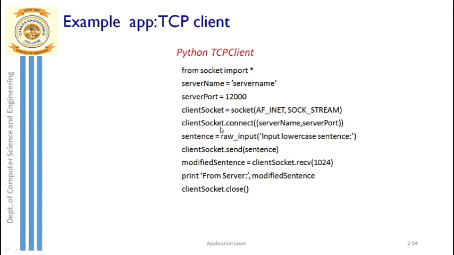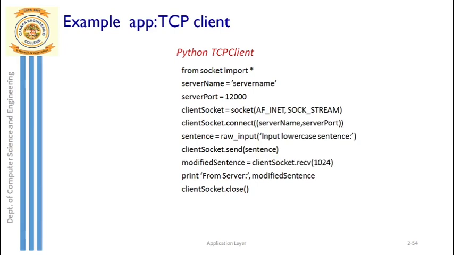After that, the connection establishment request is sent. Next, the server will send you back the reply saying that yes, I'm ready to receive your connection. Now the connection is established. Now the client will enter the input message, which is in lowercase.